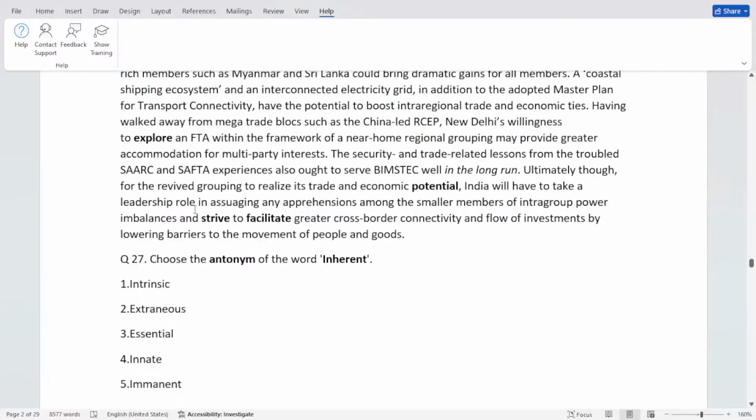Choose the antonym of the word inherit. Inherit. Antonym means opposite word, we have to see.